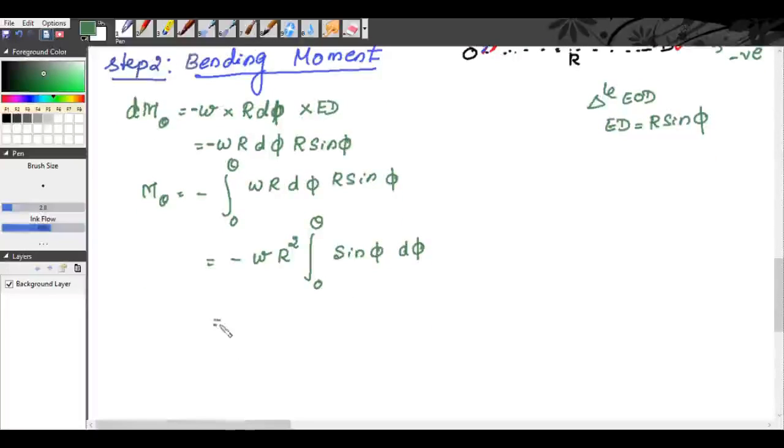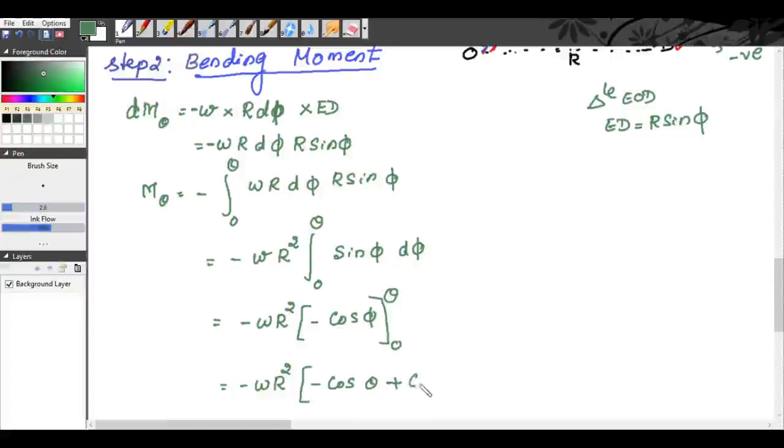this is equal to minus wR square, integration of sin φ is minus cos φ. So minus cos φ from 0 to theta. So we get minus wR square into minus cos theta plus cos 0.